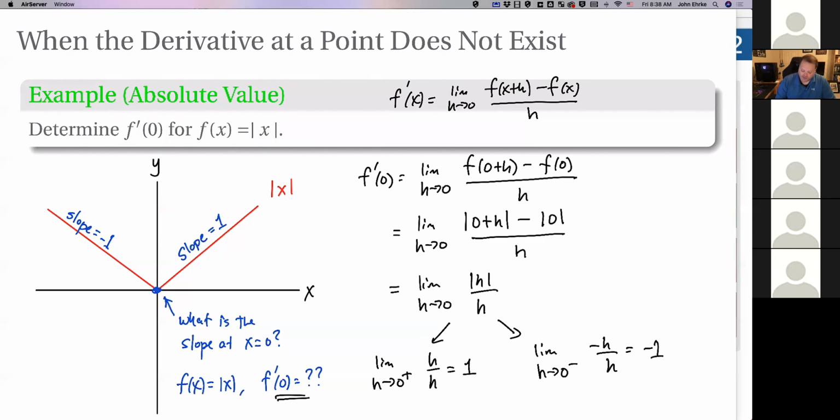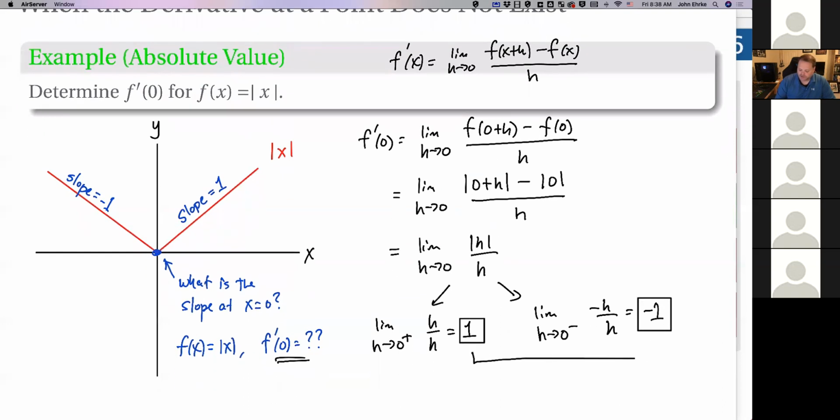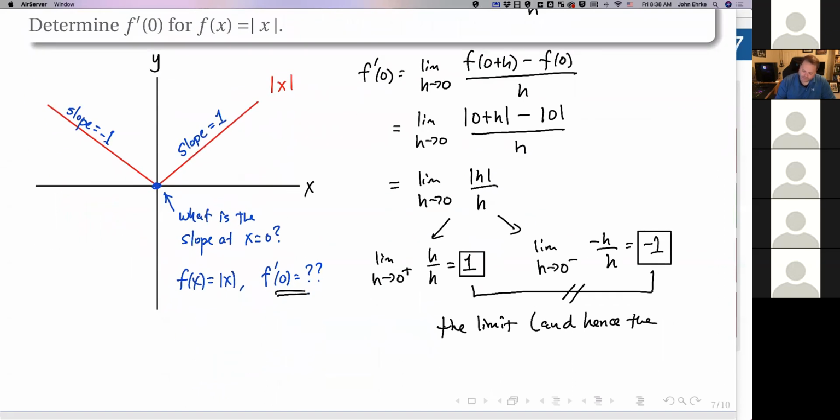Now, because this is a limit problem, what can you say about the two-sided limit? Since the limit from the left didn't equal the limit from the right, according to our definitions that we've used in this class, because those are not equal, the limit and hence the derivative do not exist at x equal to 0.